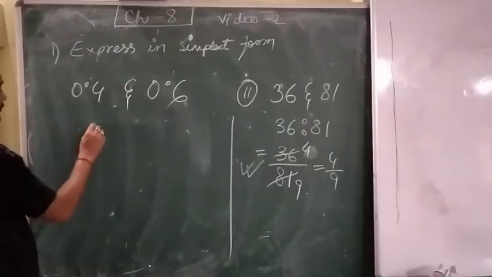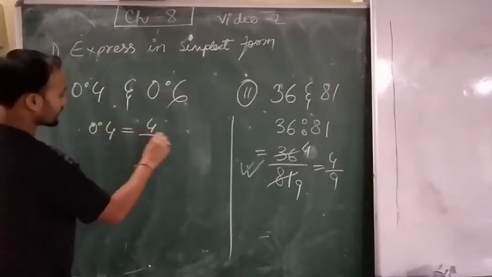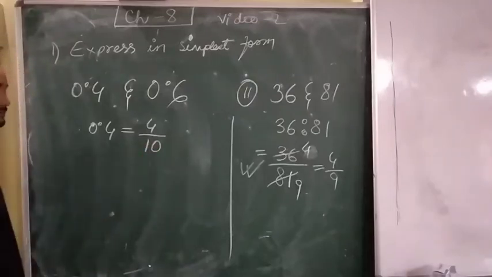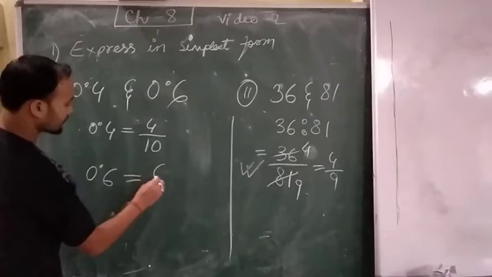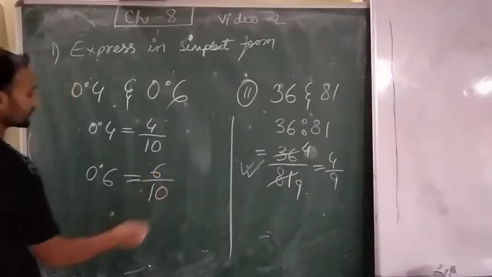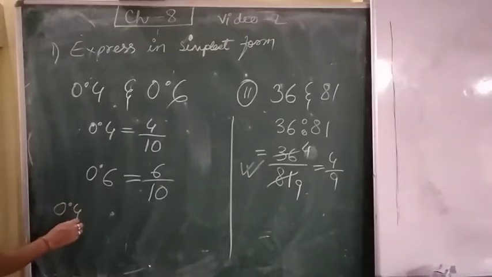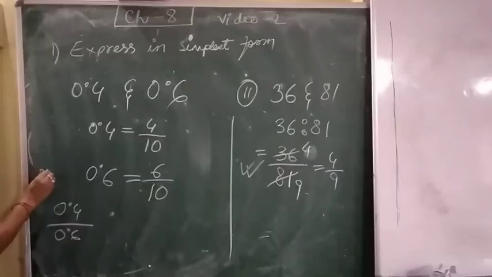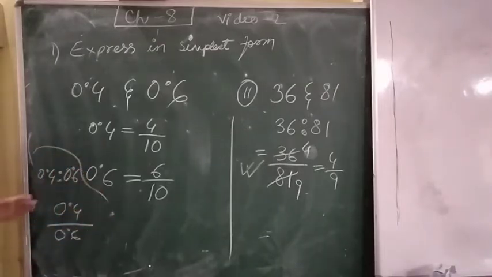Now 0.4 means 4 by 10. 0.6 is equal to 6 by 10. Fine. Now 0.4 is to 0.6. It can also be written as 0.4 divided by 0.6.